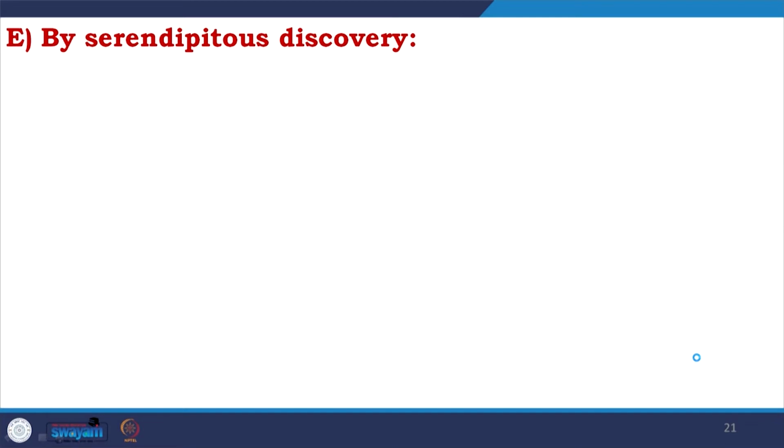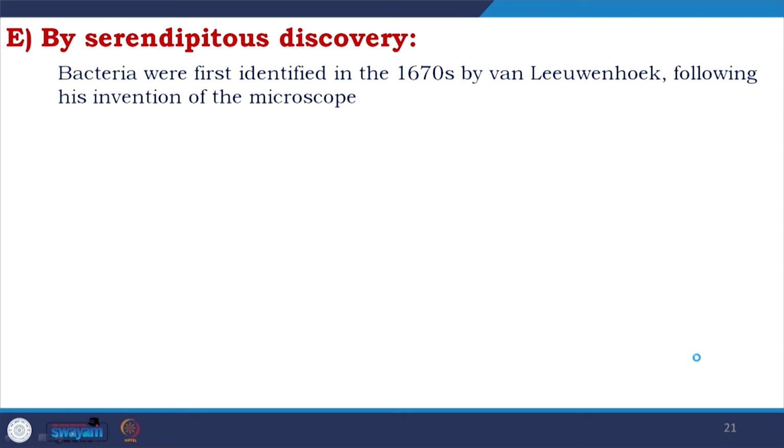The end one is the serendipitous discovery, and I will make it a story which I would follow for further case studies also, because there are many different types of diseases, many different types of systems. So, if I start talking about each and every system, you will all be confused.